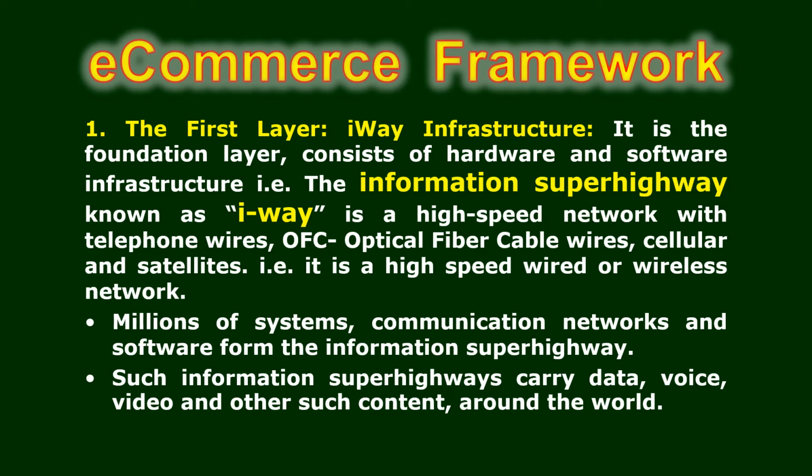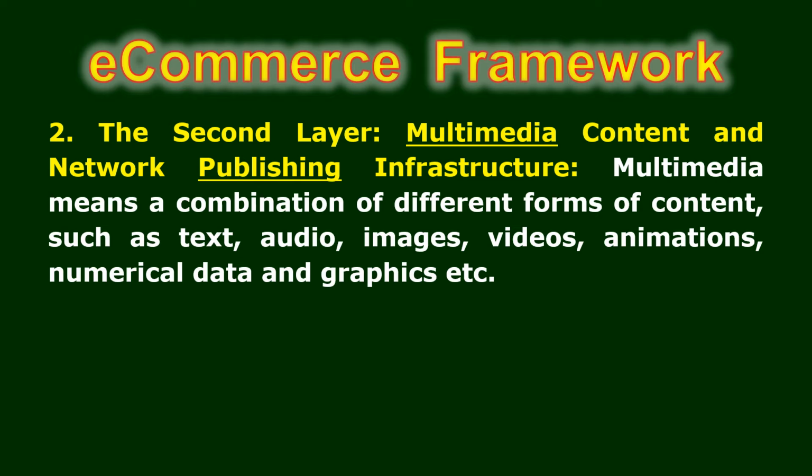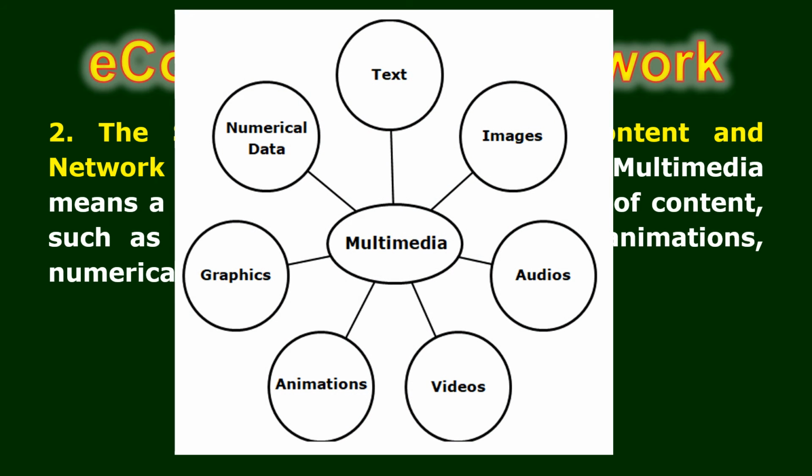Such information superhighway carries different types of data like voice or text or videos or other such content across the globe. The second layer is multimedia content and network publishing infrastructure. What does it mean, multimedia?